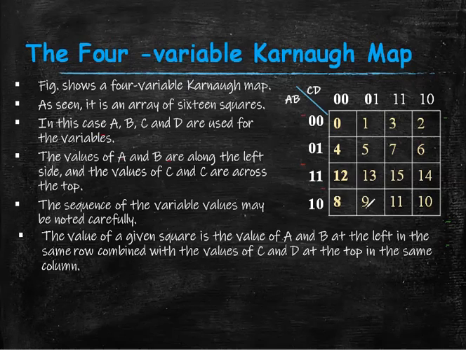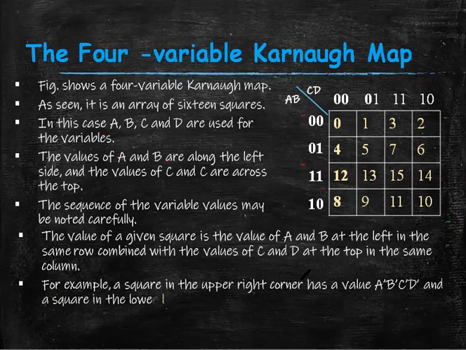Here for the 9, 1 0 on the left and 0 1 on the top, then 1 0 0 1. That means A, B bar, C bar, D. Okay. For example, the upper left corner is 0 0 0 0. That means A bar, B bar, C bar, D bar.